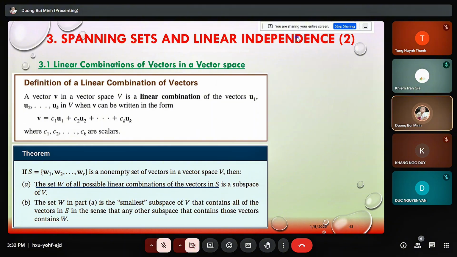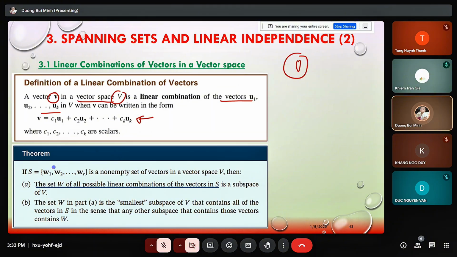We have vector space V. So any vector v in the vector space V is a linear combination of the vectors u1, u2, blah blah, uk. So we can get the linear combination, right?